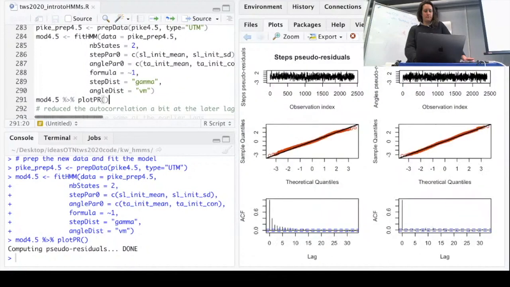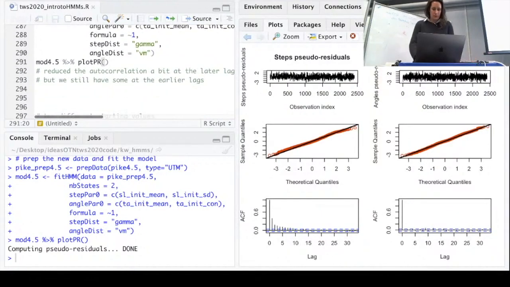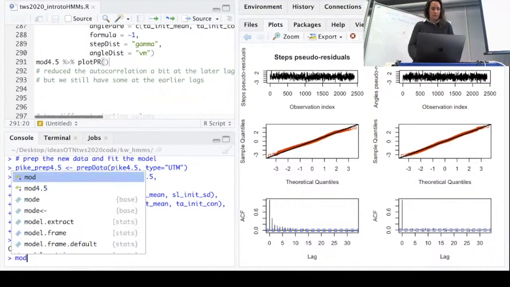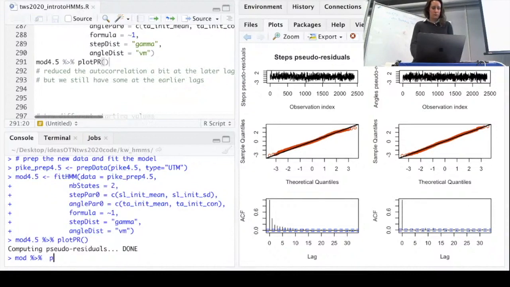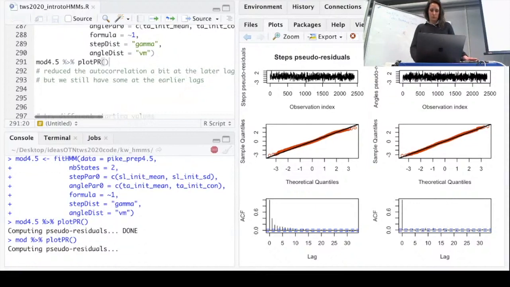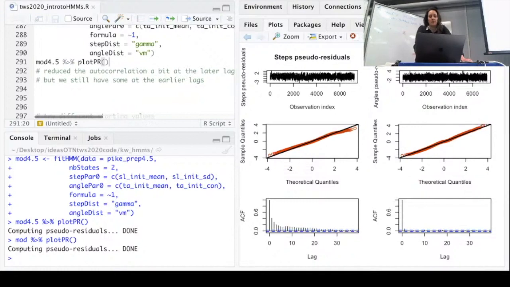Okay. If you look at that bottom left plot, you can see that the autocorrelation function has reduced a little bit.